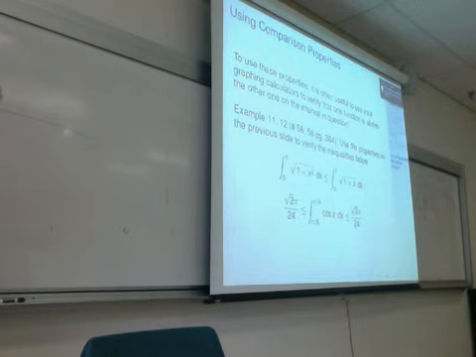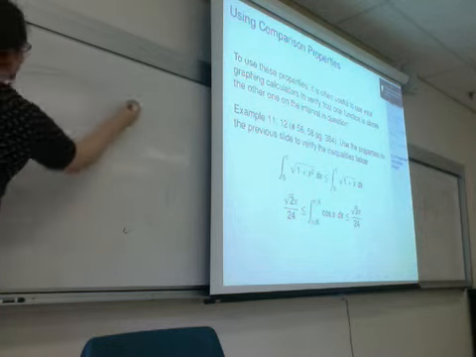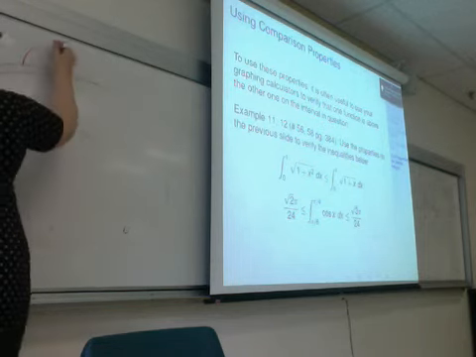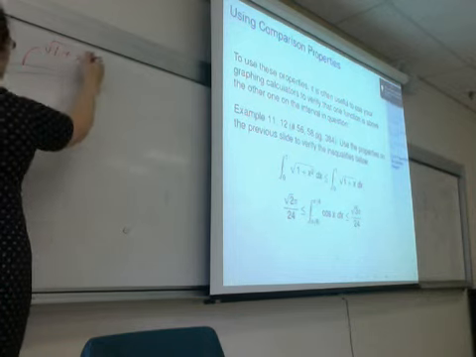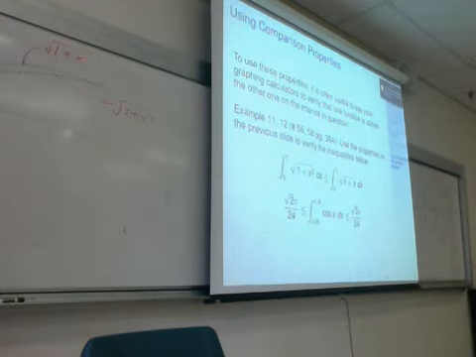The graphs will be very close to each other, but the top graph is square root 1 plus x, and the bottom graph is square root 1 plus x squared.